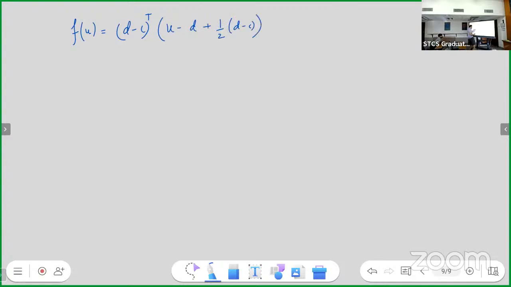C is also equal to D minus C transpose U minus D plus R D minus C whole square. This is the computation. I think there is something interesting going on. So no convexity is being used.